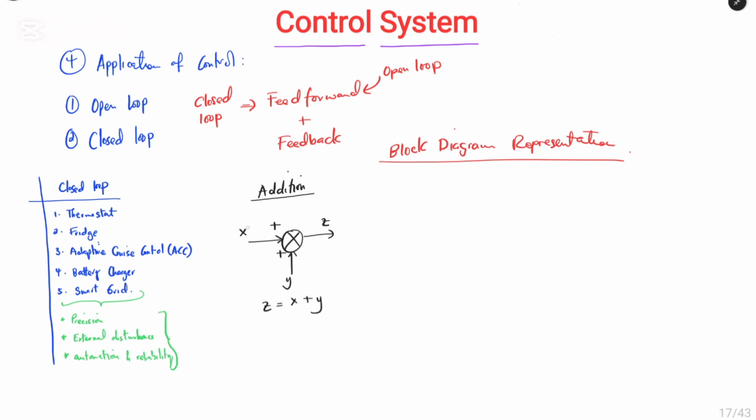That means the signal X is now added with the signal Y to produce the output Z. And this can be seen in the Kirchhoff current law, where it is defined as the sum of current entering a node must be equals to the sum of current leaving the node, or the sum of current at a node will be equivalent to 0.